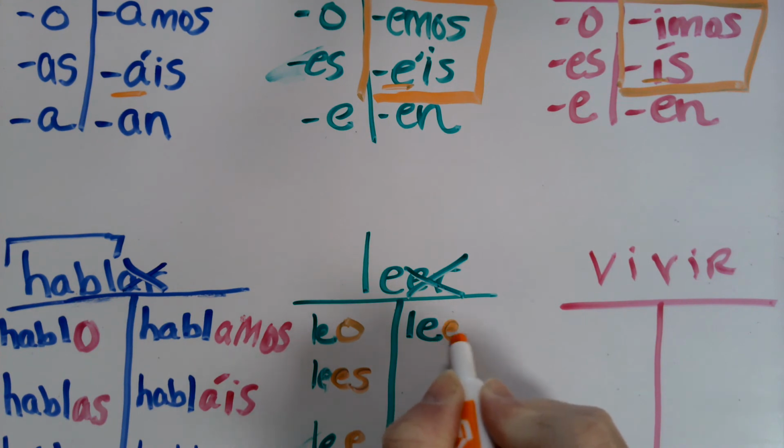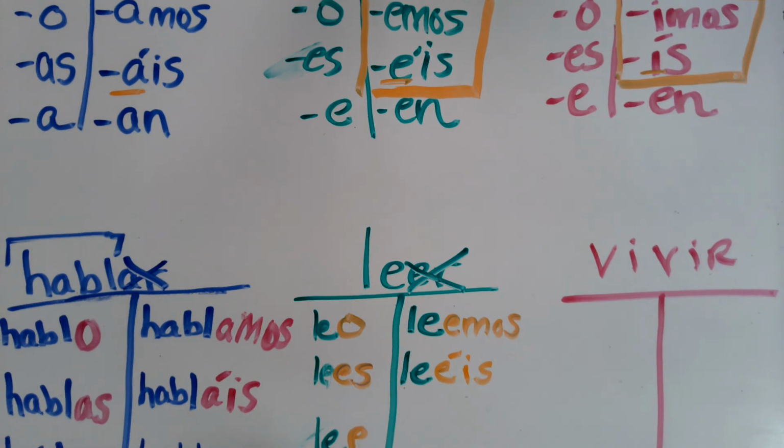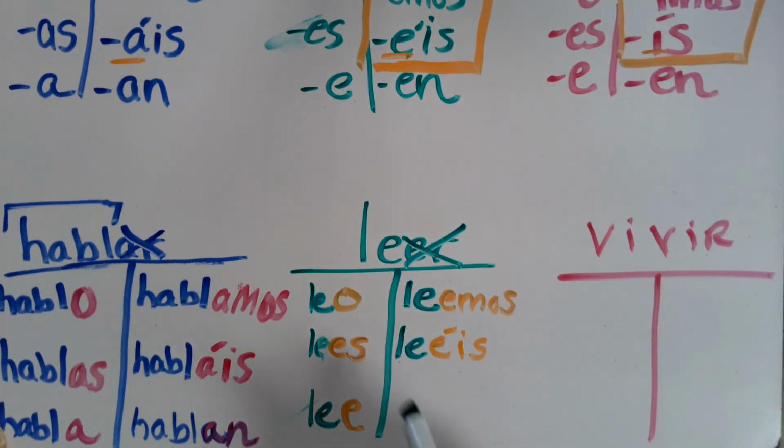And even though you have two e's together, you are just fine. Nosotros leemos. For vosotros, start with my stem. Check my ending, éis. Accent over the e because it's an ER verb. And vosotros leéis. Lastly, y'all read or they read will be leen.